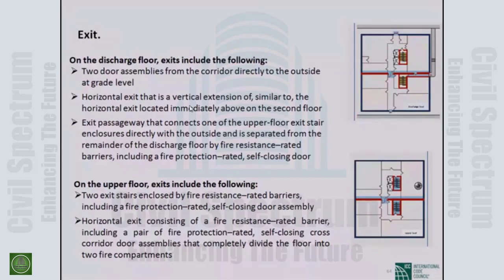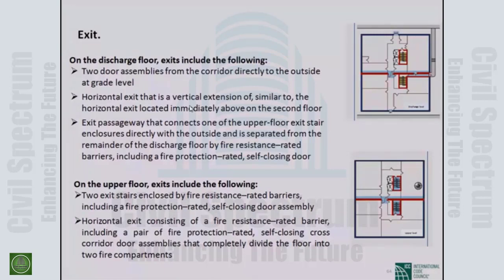Then horizontal exit consisting of a fire resistance rated barrier, including a pair of fire protection rated self-closing cross corridor door assemblies that completely divide the floor into 2 fire compartments. One thing you remember, in the upper floor, in the right corner, you see a spiral stair.